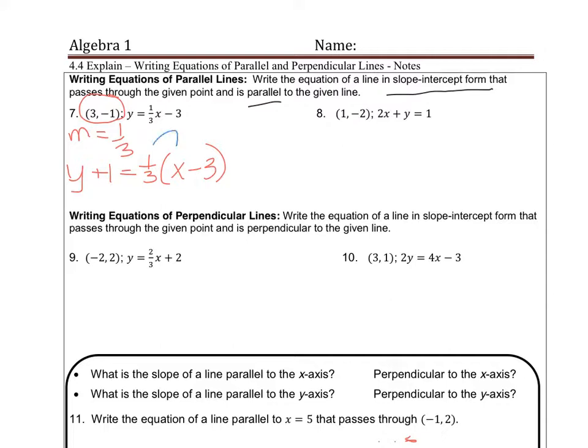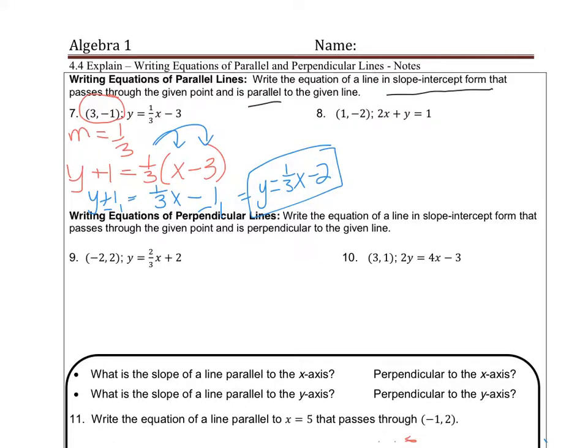So to do that, I'm going to distribute my 1/3. So I've got 1/3 x minus 1 equals y plus 1. And I'm going to subtract 1 from both sides. And my answer is y equals 1/3 x minus 2. And that's my answer.